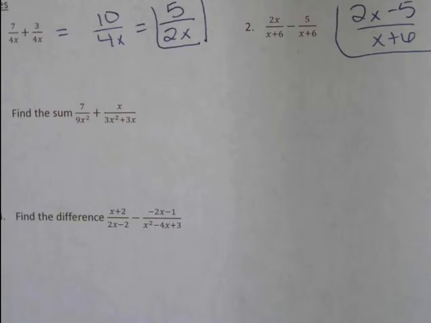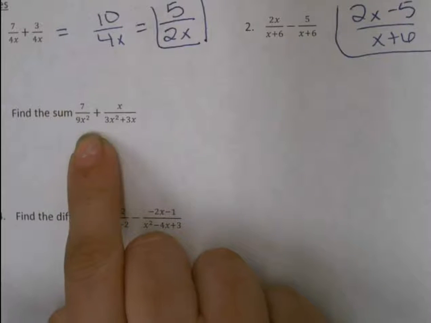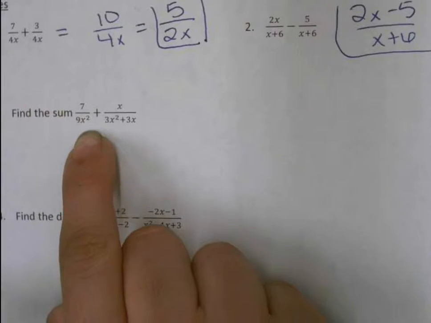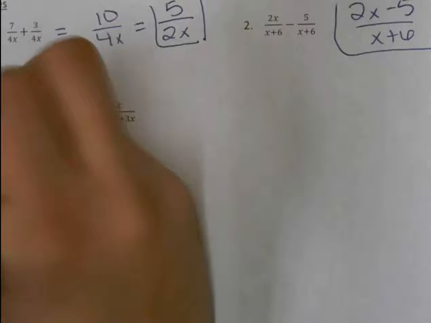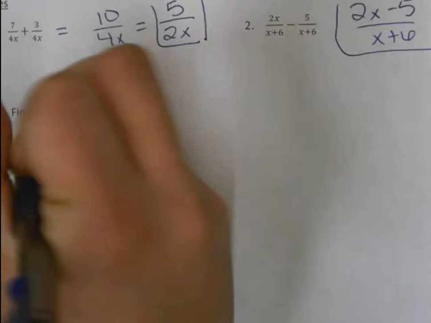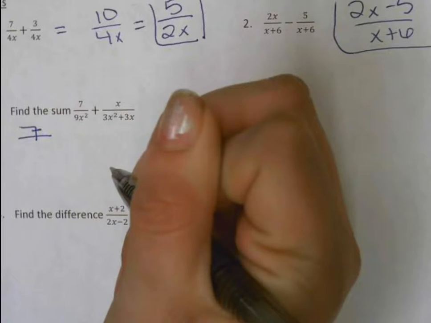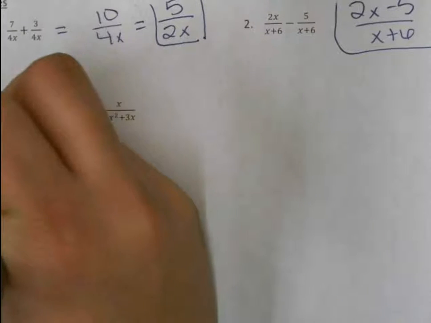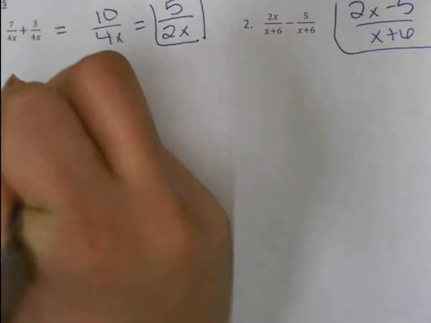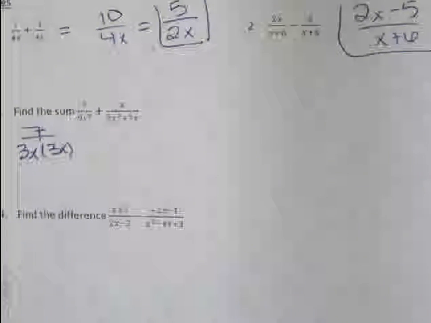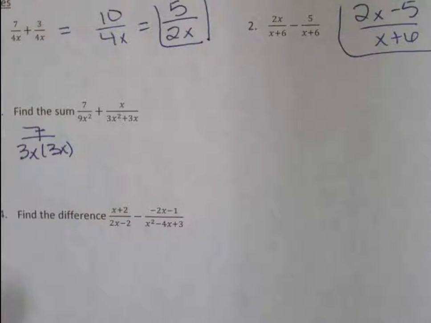Okay, so if I take a look at number 3, it wants me to find the sum. I can't add these right now because they don't have the same denominator. So what I'm going to first do is factor the bottom. So I can rewrite this as 3x and 3x, just because looking at the second fraction, I know I need a 3x.